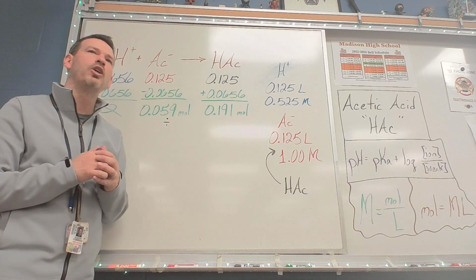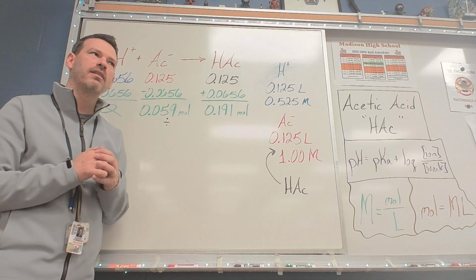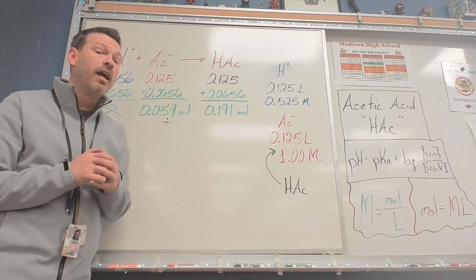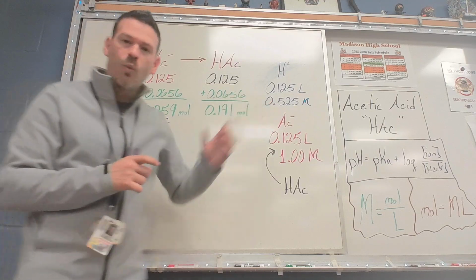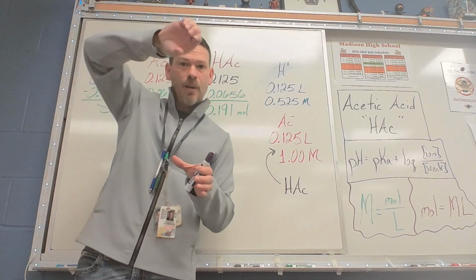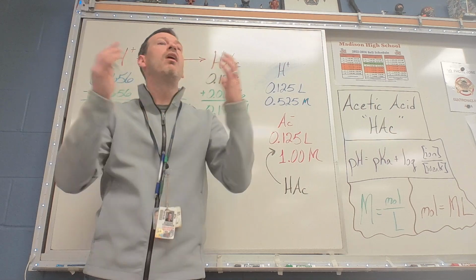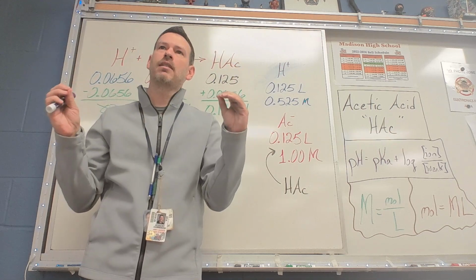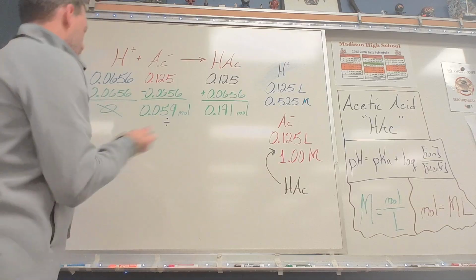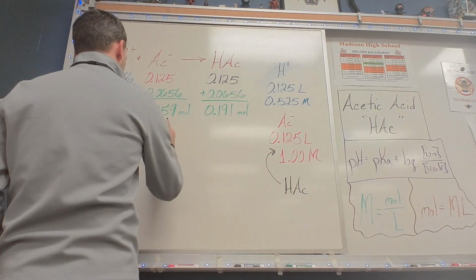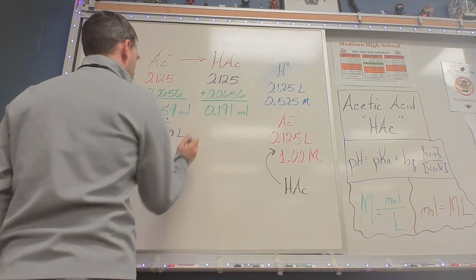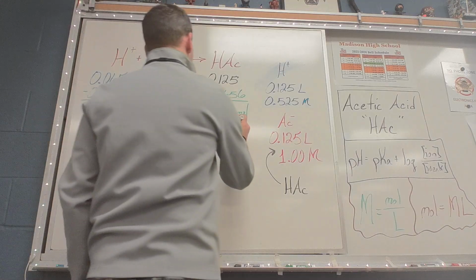what's the total volume after the invasion? It's 250. If you look at the wording, 125 mils was dumped into 125 mils. 250 mils is the volume now. So we're dividing it by 0.25 liter. It's got to be divided by liters.